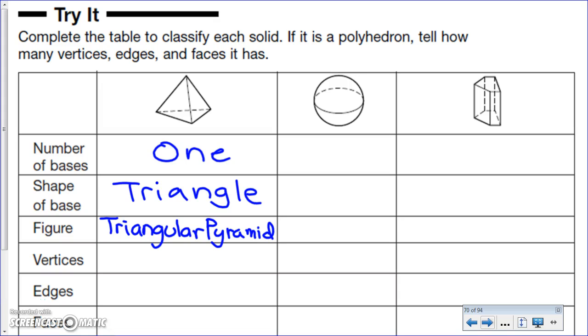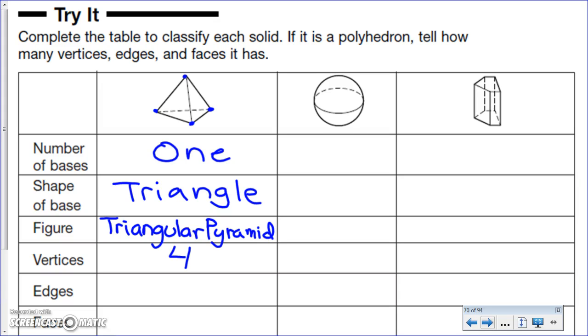The number of vertices is the next thing it wants us to find. So in this case, we're going to find the points where the edges come together. And in this case, there are 4. And you can see the 4 vertices there marked with the 4 blue points.